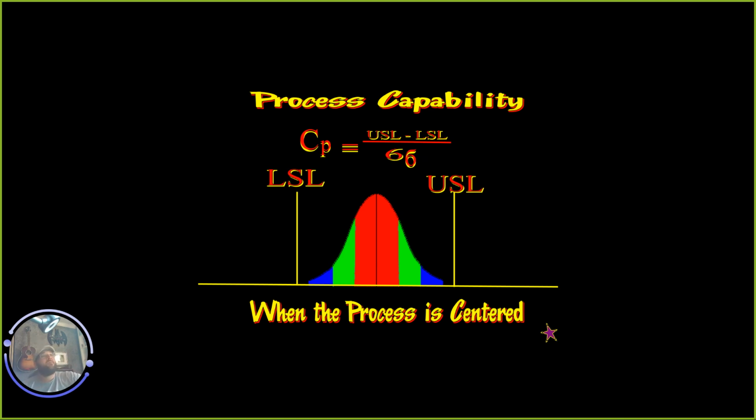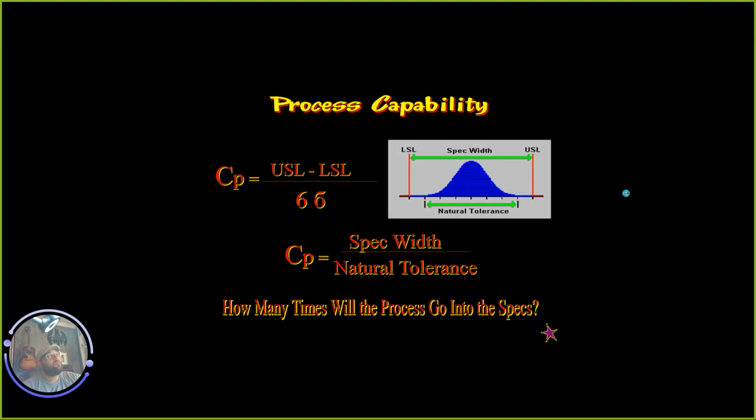Why do we say 6 here? 3 standard deviations on the right and 3 on the left. So what we're basically saying is how many times this process will go into specs. Your process should fit at least once into the specs.